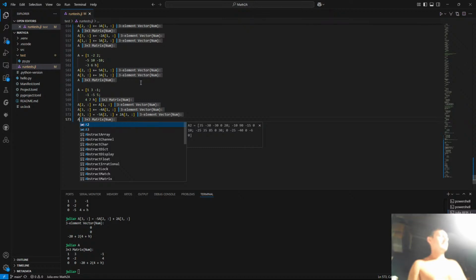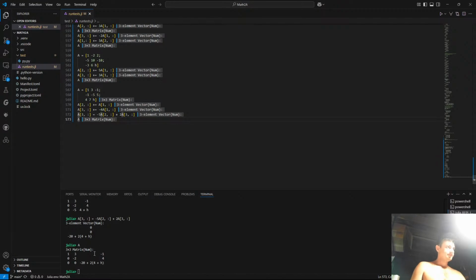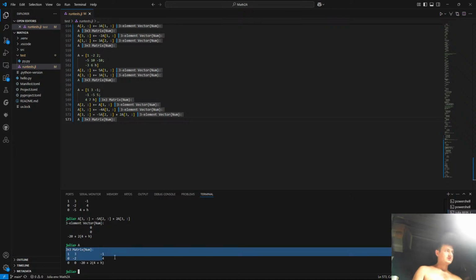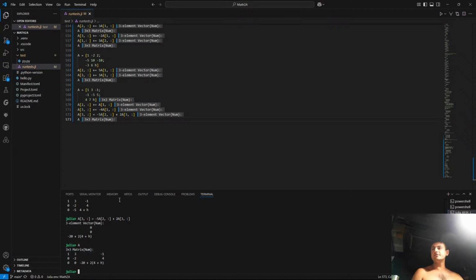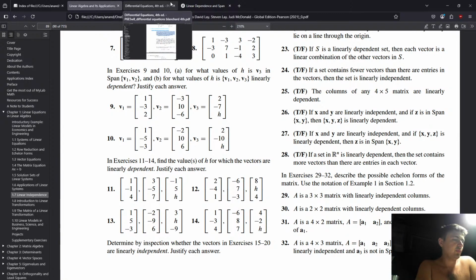So again, if h equals 6, then it's dependent. And we showed that this is clearly independent because there's a 1 and a 0. If there's ever a 1 and a 0, you know that there's no way, unless all the other ones are 0.